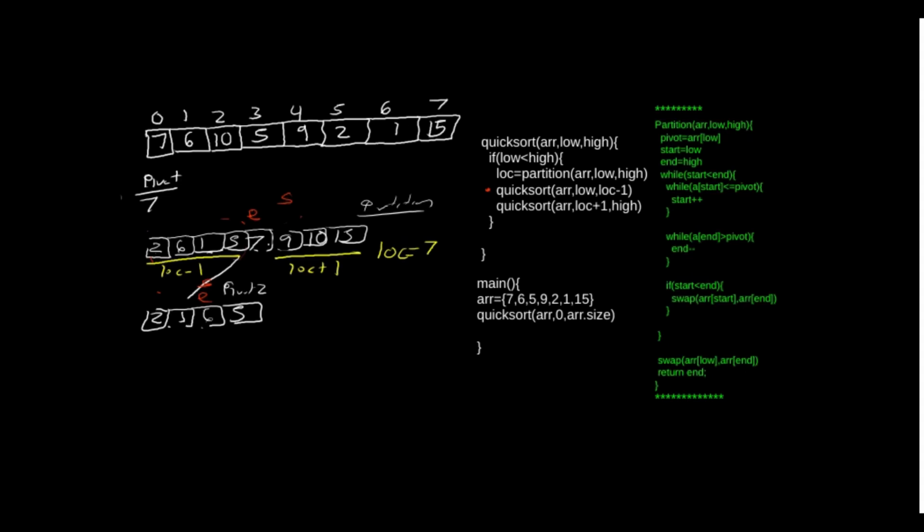And now we're at the end loop. Is 6 greater than 2? Yes. Is 1 greater than 2? No. So we end it here. And we exit the loop since start is greater than end. And we do our final swap.